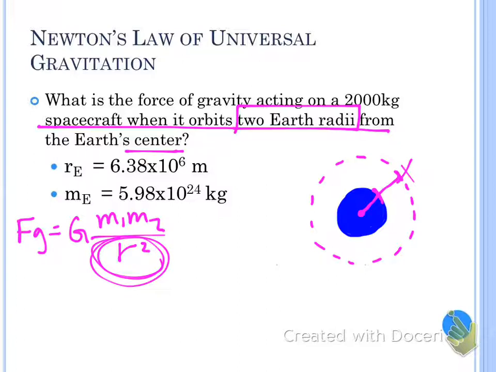That's really important. You might want to put a note about that in your notes. When we use an r squared or an r, it's from the center of the Earth to the object. If we're looking at something on the surface of the Earth, like a person, then it's just going to be the radius of the Earth, because that's how far it is from the Earth's center to the surface.